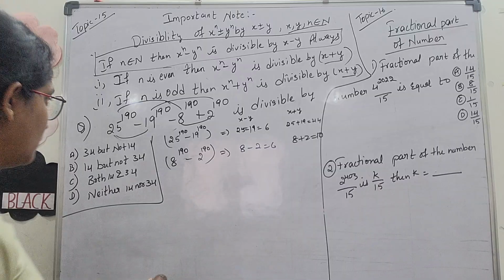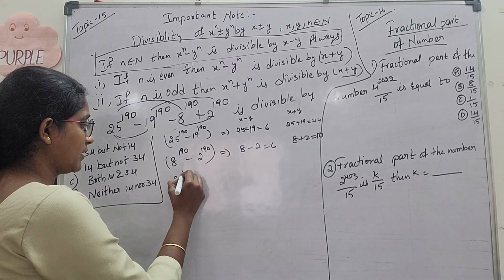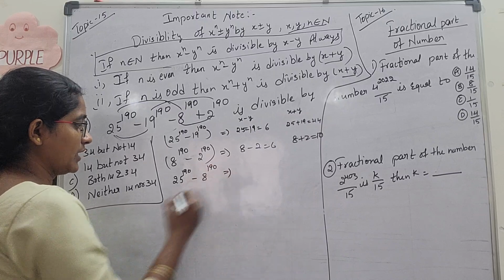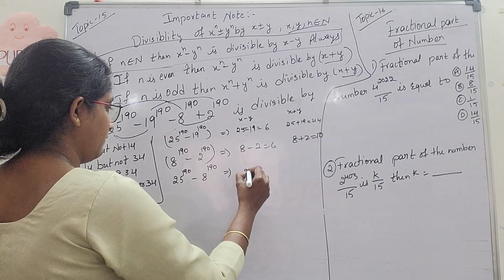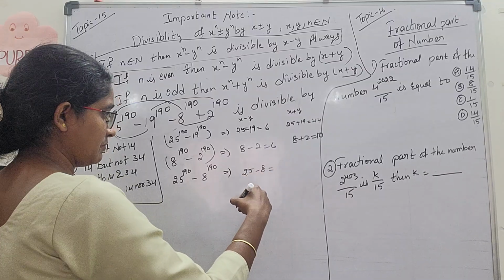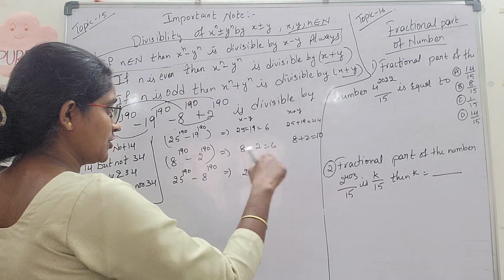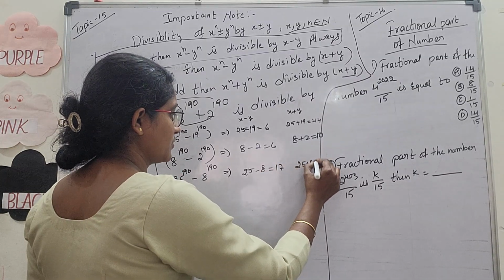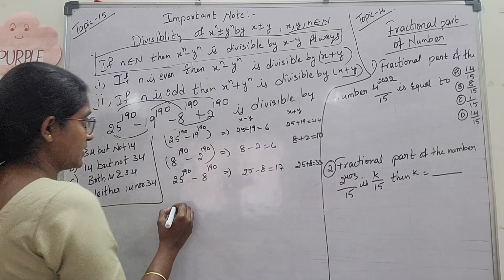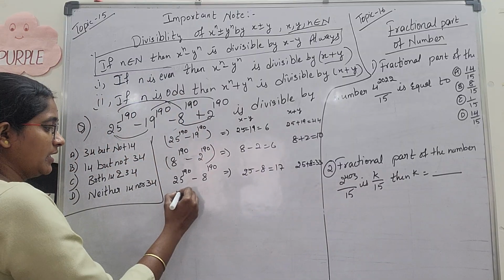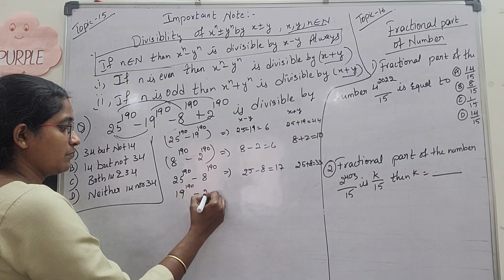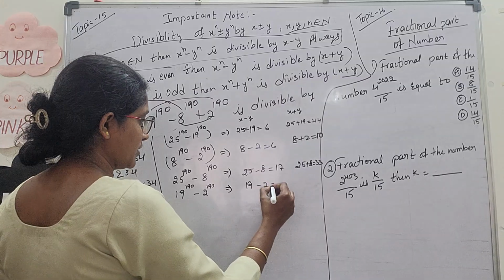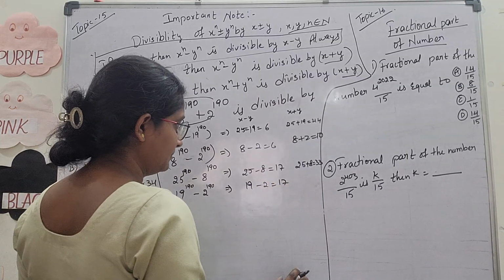So now 25 power 190 minus 8 power 190, then your answer is how much? 25 minus 8 is 17. If I add it, 25 plus 8 is 33. Then next is 19 power 190 minus 2 power 190, 19 minus 2 is 17.